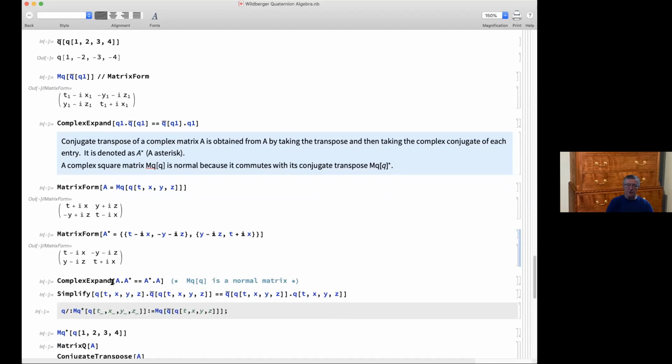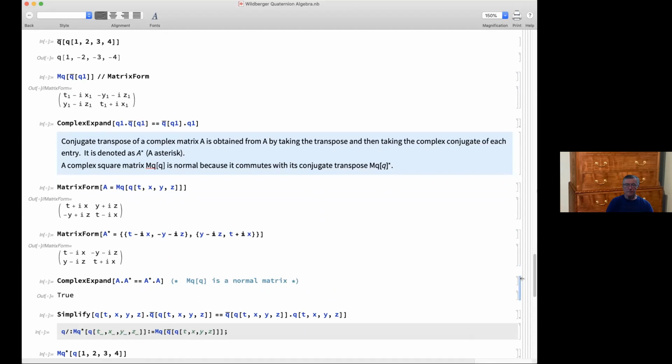And then I can show that A times A star is equivalent to A star times A, meaning that the matrix is normal, and it's true. The value of being normal is really nice because a normal matrix can always be diagonalized. And so that will come into play later when we want to ask about the function of a quaternion. So we can use that property.